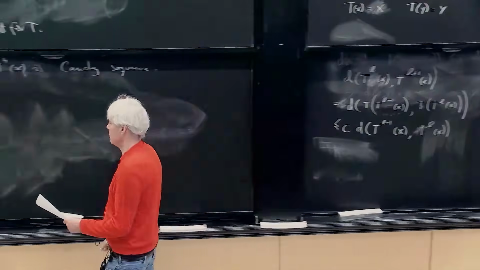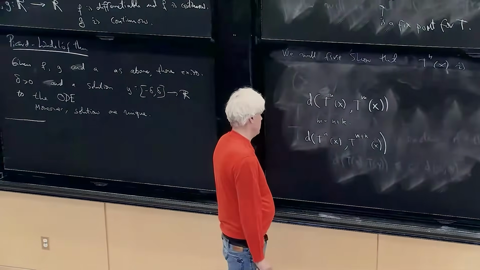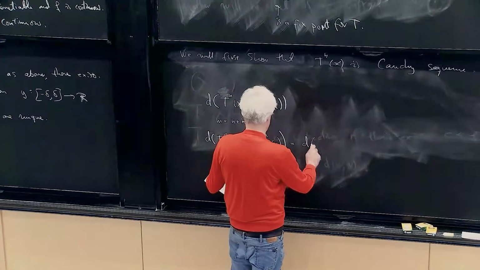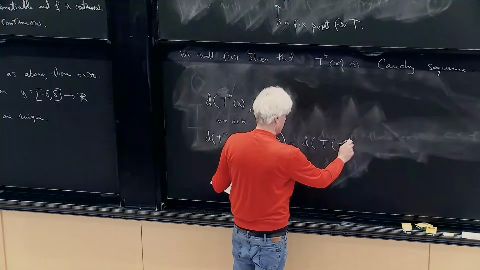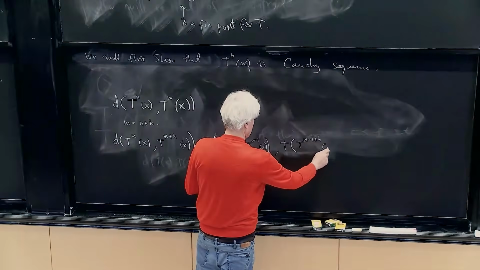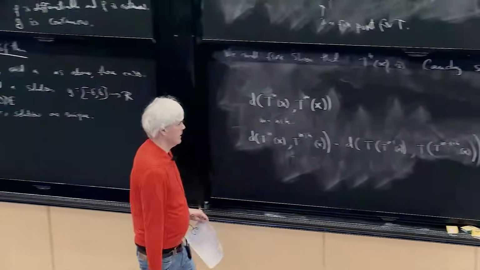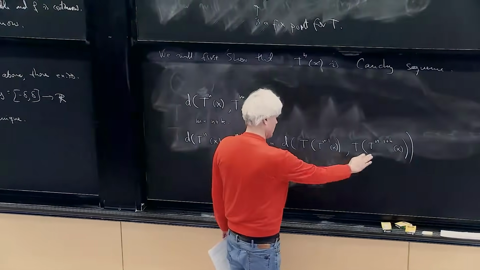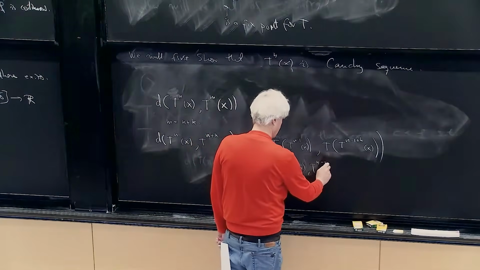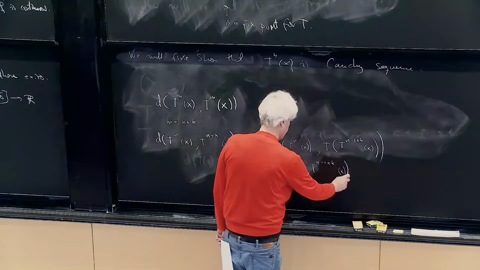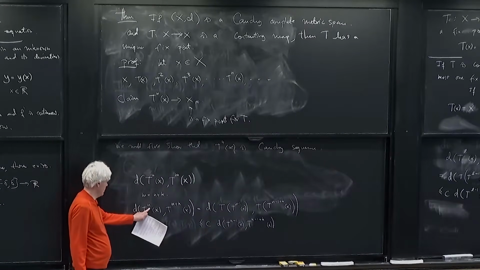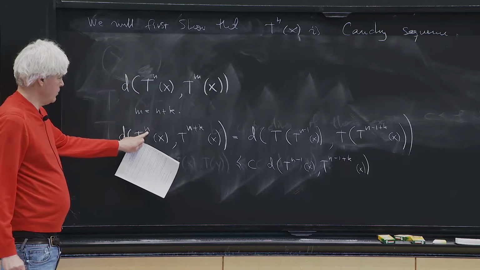Let me just look at what we need. So we have this in here, and this here I can write as the distance between T of T^(n-1) of X and T of T^(n-1+k) of X. And here I can use the same trick, so it gets c times the distance between T^(n-1) of X and T^(n-1+k) of X. And I can keep going like this until I've used up all my n's.